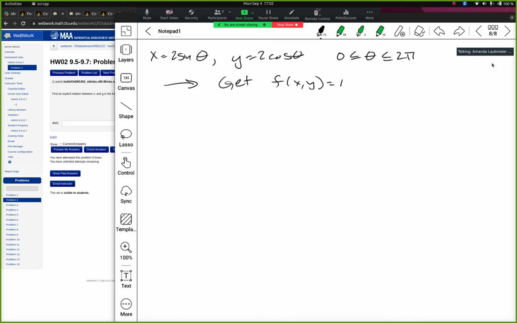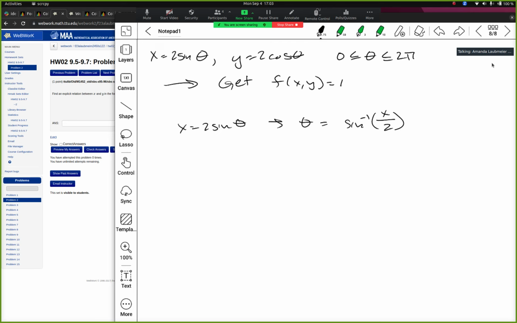And so a lot of people went about this going, if x is 2 sine theta, then theta must be, I divide by the 2 and I take sine inverse. And doing the same with the y and trying to set them equal and then undo the equations. But you run into problems with the inverse sine here.